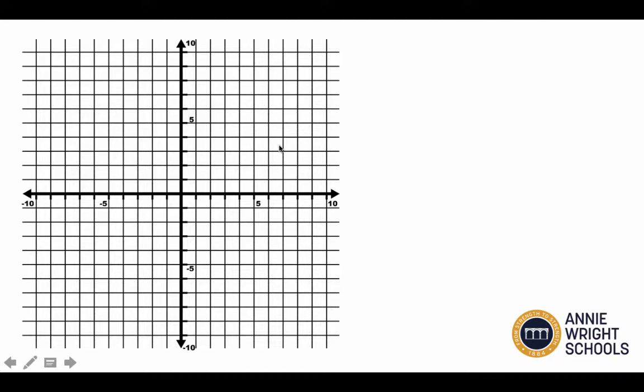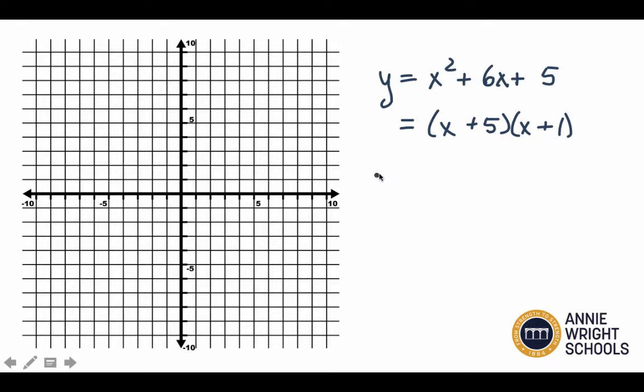If I tell you graph the following quadratic, and I say y is equal to x squared plus 6x plus 5, well, another way to write this is x plus 5 times x plus 1. That means negative 5 and negative 1 are the x-intercepts.